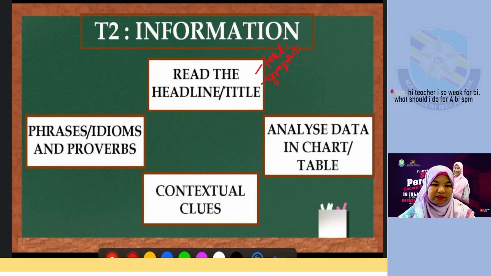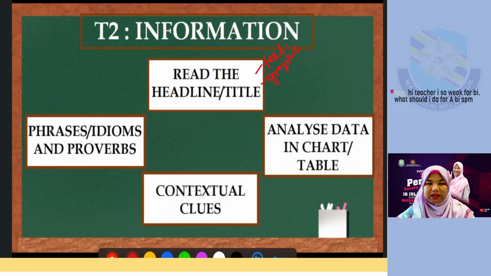Once you finish with underlining and identifying the headline or title, you move on to analyze the data in a chart or table if you have. If the question is related to a chart or table, then you need to analyze the data. If not, you need to read the text and locate the information related to the question.